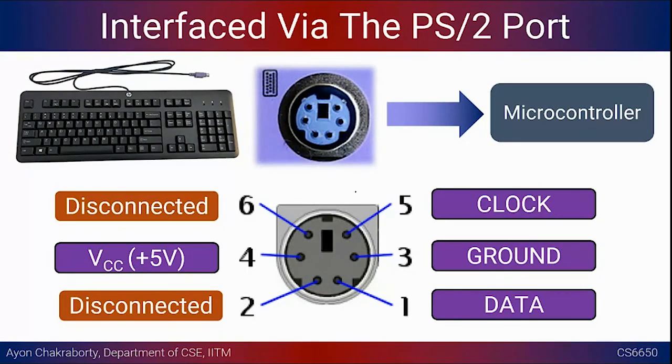As far as the keyboard is concerned, we only have 2 pins of interest: one is the clock and the other one is the data, and then there is the positive 5-volt input as well as ground. This is a serial device which is going to send bits in sequence to the microcontroller, and we are going to see how this PCINT interrupt could be used in order to extract the data.